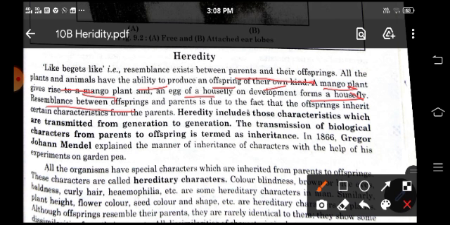Resemblance between the offsprings and the parents is due to the fact that offsprings inherit certain characters from the parents. So heredity includes those characters which are transmitted from generation to generation. And the transmission of biological characters from parents to offspring is termed as inheritance.